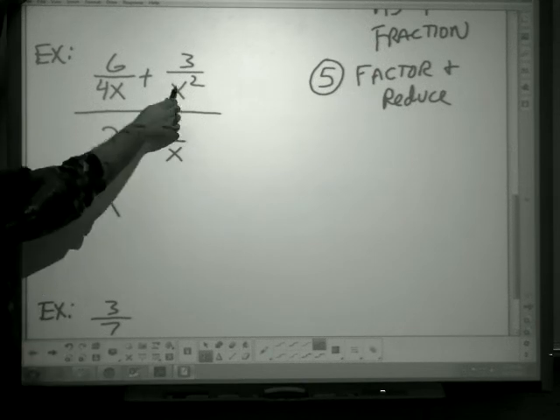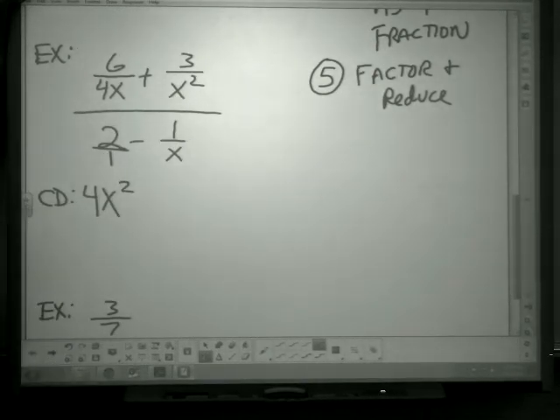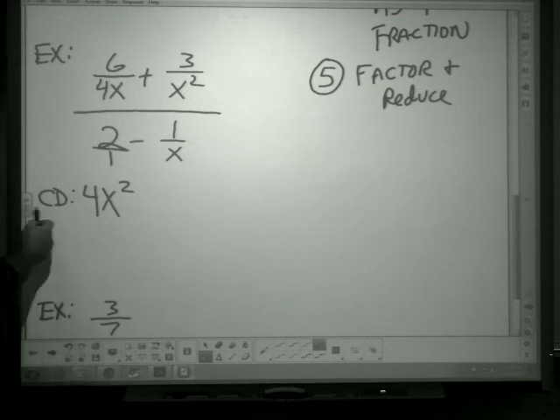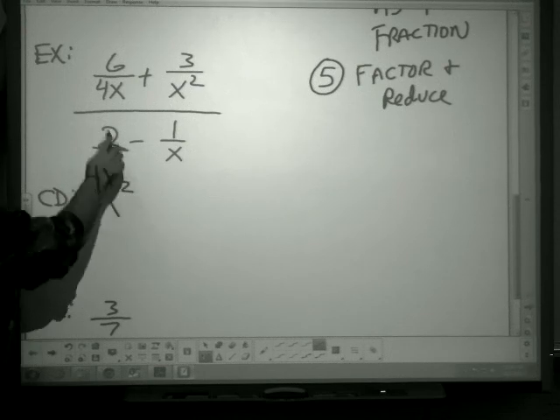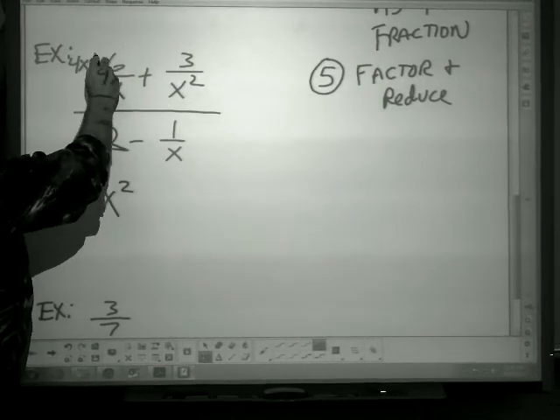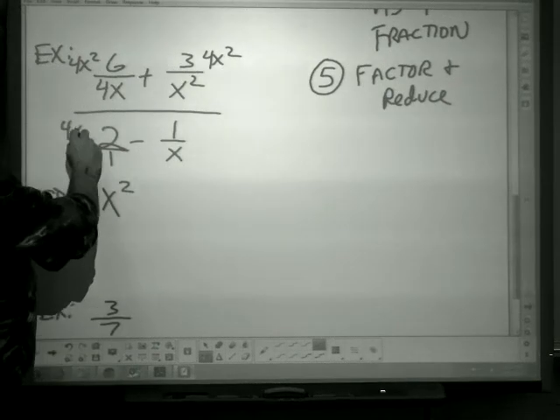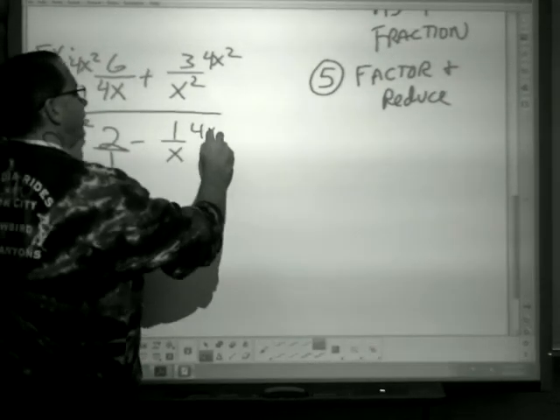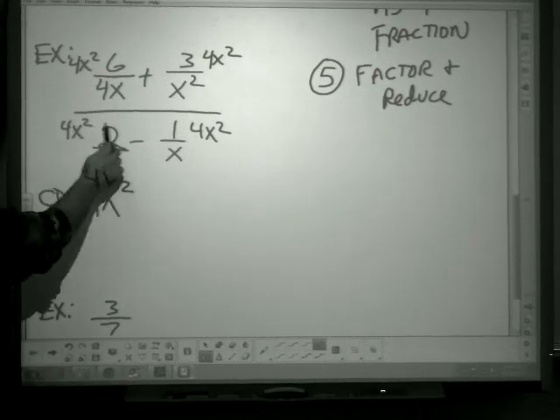In order to get x squared to reduce, I have to have the highest power that I see, which is x squared. So here we are, 4x squared. Write it next to each numerator. There. So common denominator, write it.